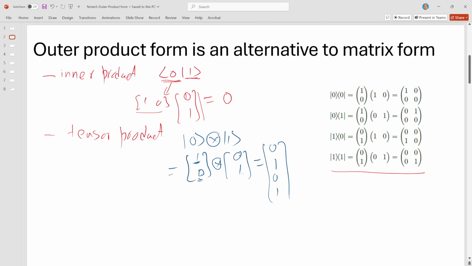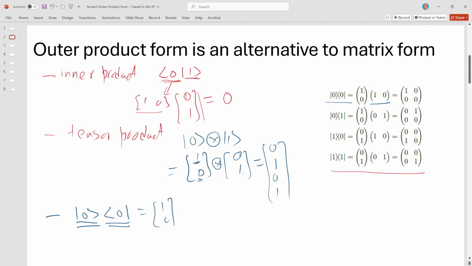And then there is this third type of product that we are now going to talk about, which is the outer product, where we are essentially multiplying a column vector with a row vector. So this is a column vector, and then this is a row vector like this.